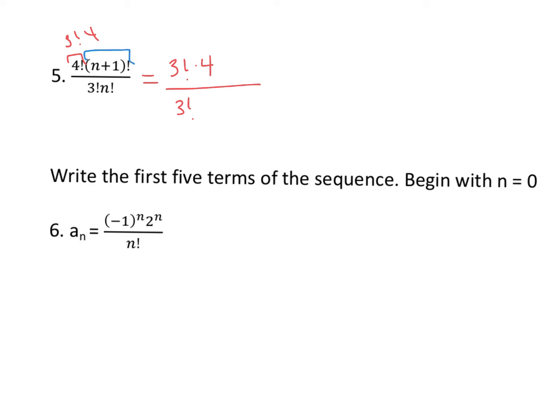I have n plus 1 factorial. So keep in mind that n plus 1 is the whole number after n. So it's the whole number that comes right after n. For example, if n was 8, n plus 1 would be 9.